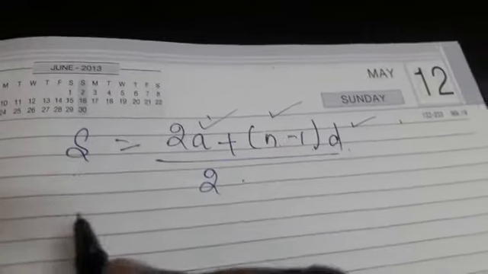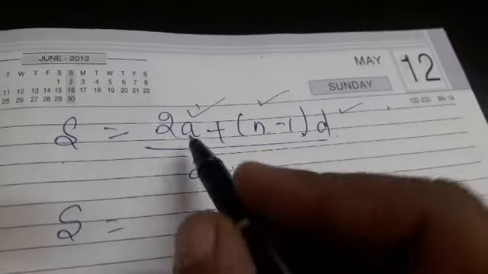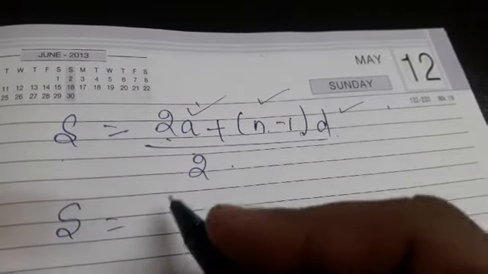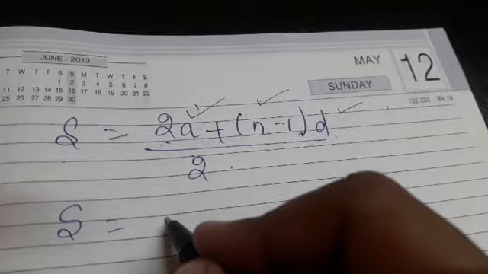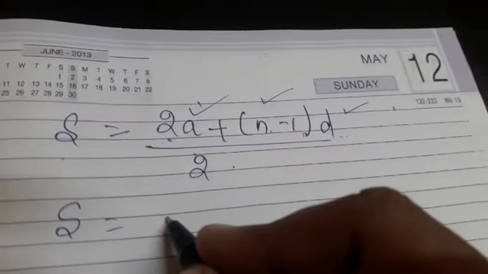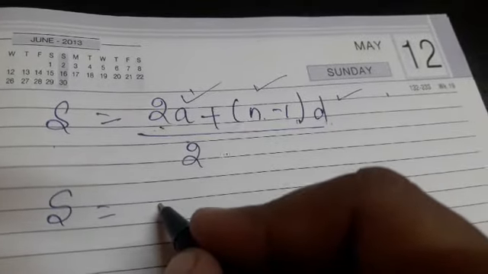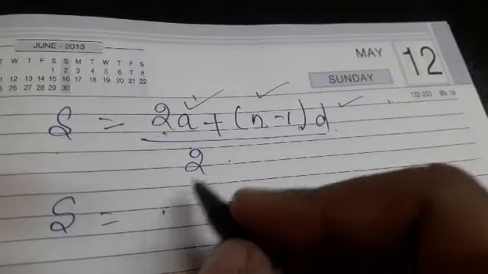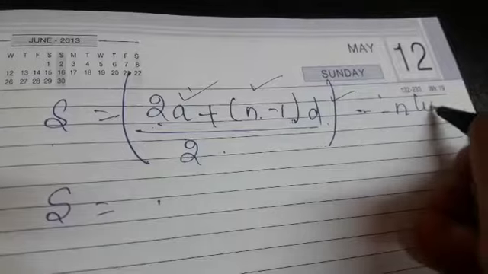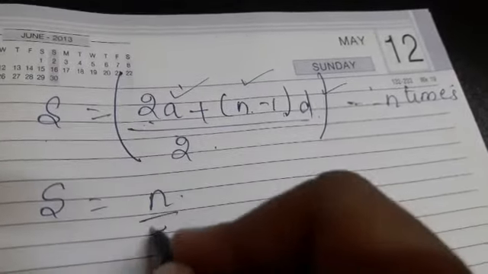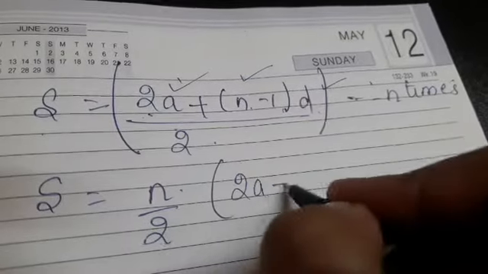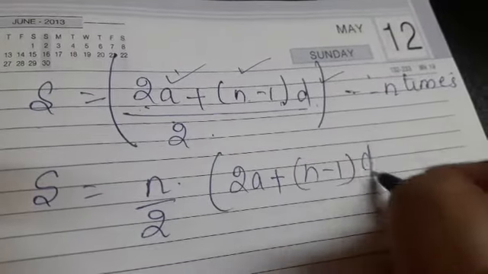Now we can write this formula in another way also. This is how many times? N times actually. Now I will write n by 2 into 2a plus n minus 1 into d.